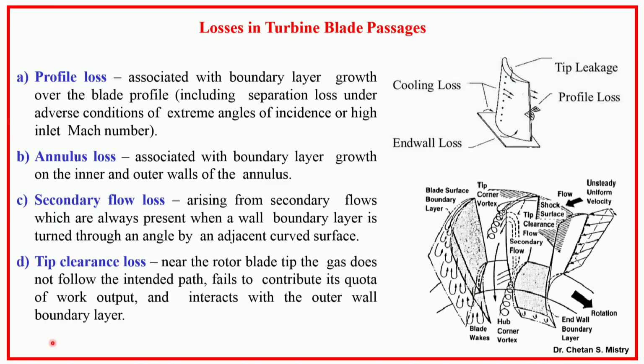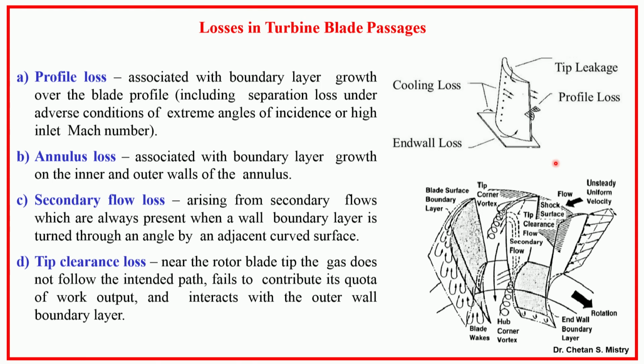Now, when we talk about profile loss, that is because of the growth of boundary layer on the blade surface. Here, if you look, this is my blade, and on that we will be having growth of boundary layer because of the solid surface. Okay. And the flow coming out, because of the bluntness we have discussed, will have a negative jet.